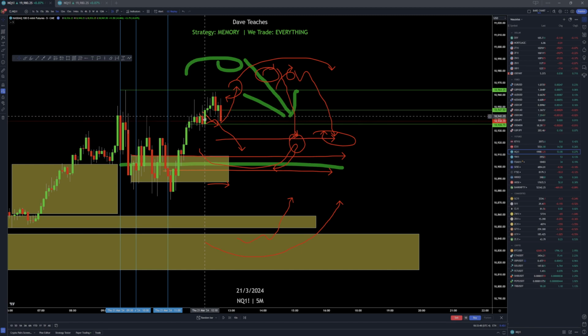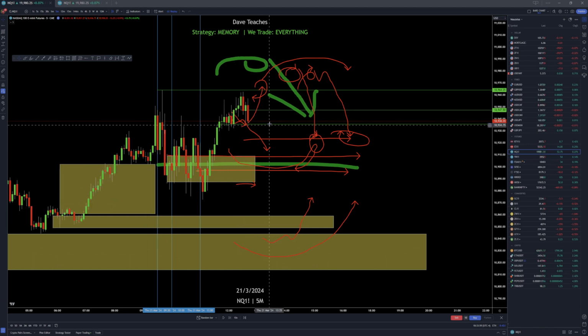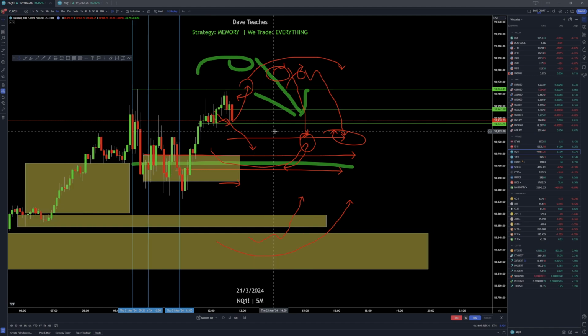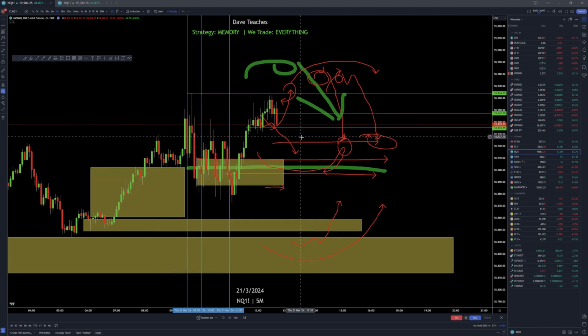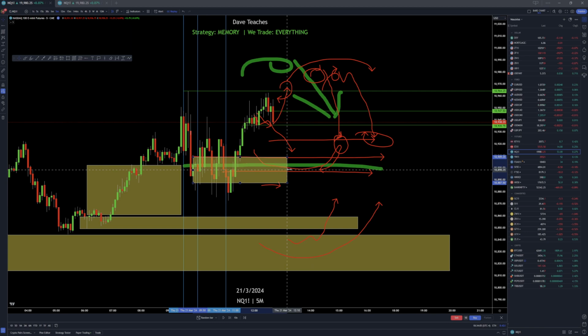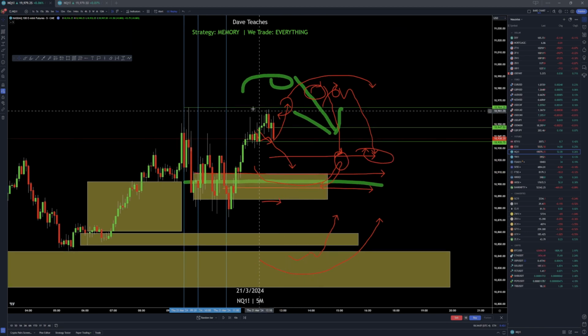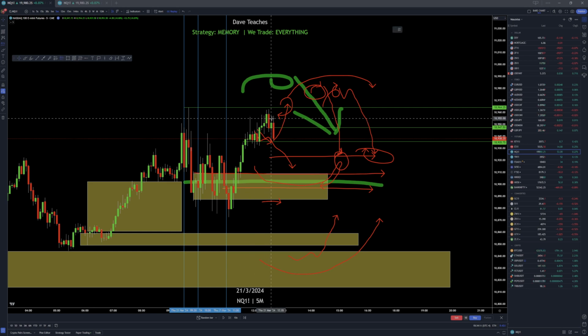There's not another one along this leg here. It could be one, but I don't know. Yeah, I don't know, but if you look at these POIs here, this is the 5 minute.